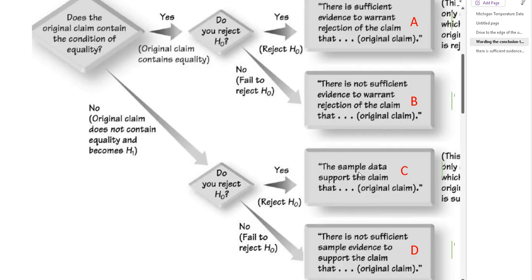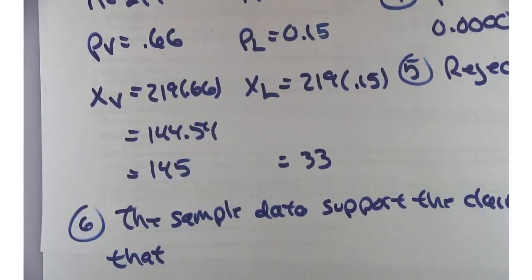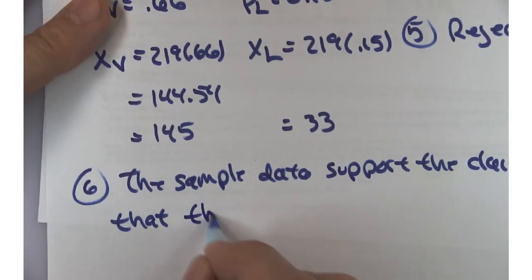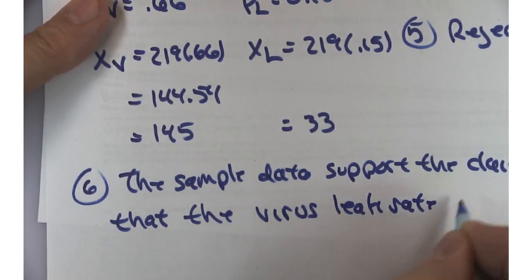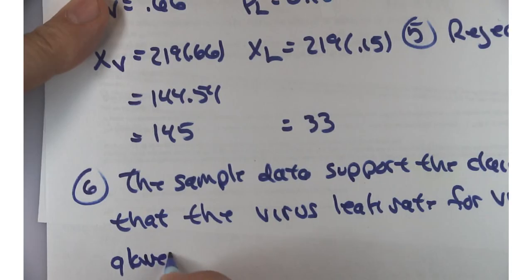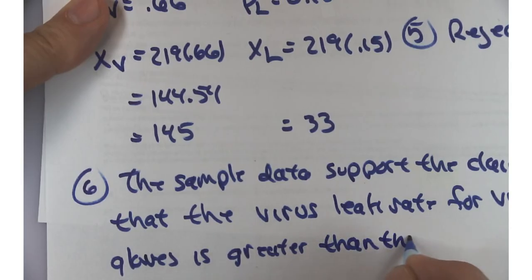So the sample data support the claim that, and this is going to get a little wordy here, but there's not much I'm going to do about it, the virus leak rate for vinyl gloves is greater than that of latex gloves.